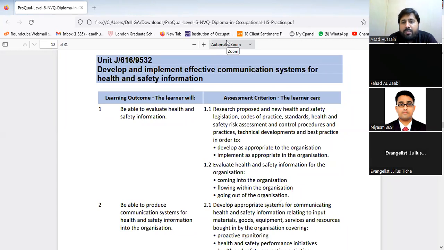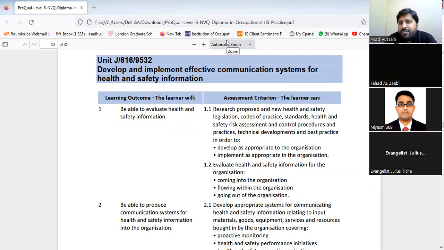So in this 1.1, you have to explain how you are researching on health and safety information, how you are collecting that, and then how you are developing and implementing effective communication.